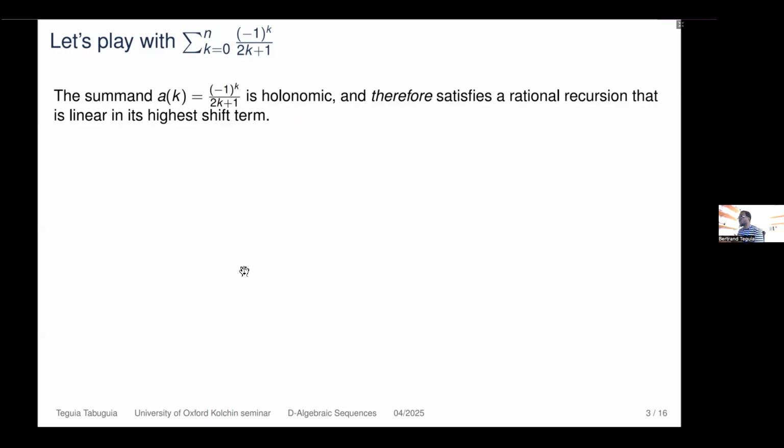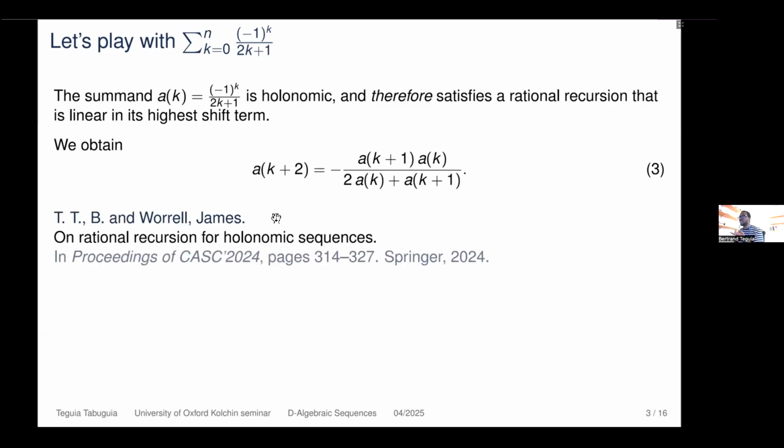Using a known result from last year, we know that it is always possible to compute a rational recursion from the holonomic equation. It is easy to compute the holonomic equation from the summand a_k: you just compute the ratio of two consecutive terms, you have a rational function, you have the first order recursion. And from that recursion, you can deduce this equation here, number 3. It's a rational recursive relation.